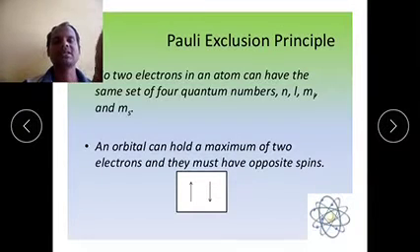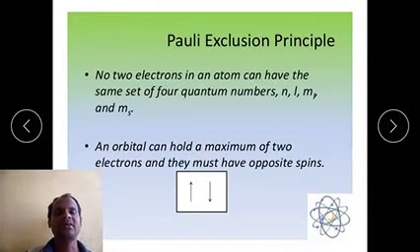Now we have to discuss the different rules for the filling of electrons into the orbitals. First is Pauli's exclusion principle.